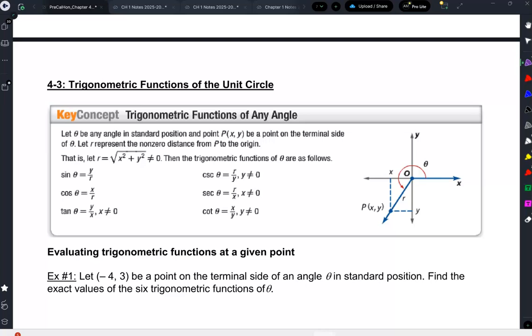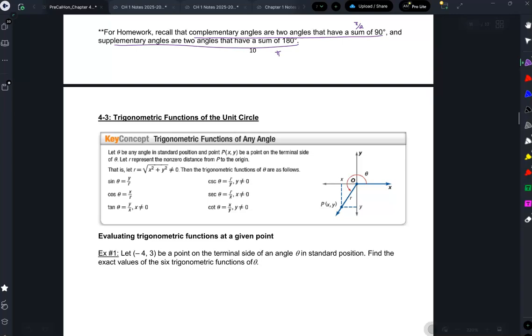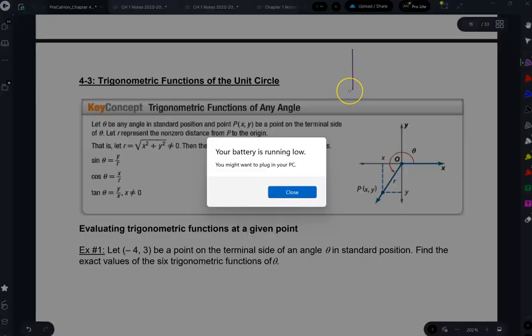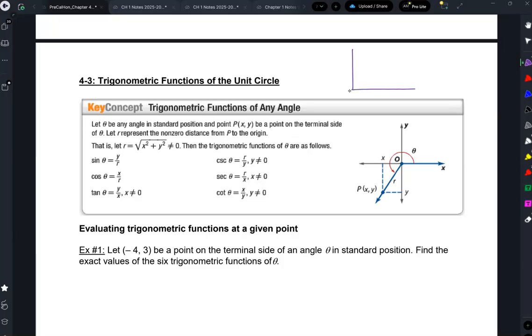If you have a point anywhere on the coordinate system, for example here, let's call that P, and suppose that point is at 3 comma 7.